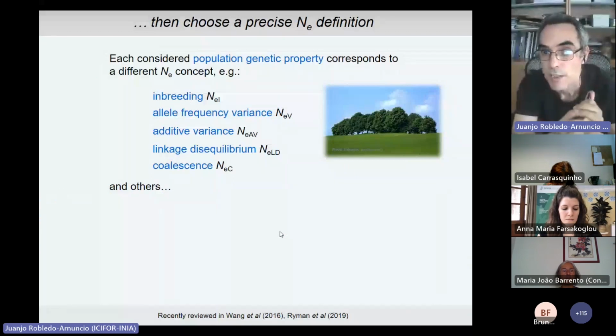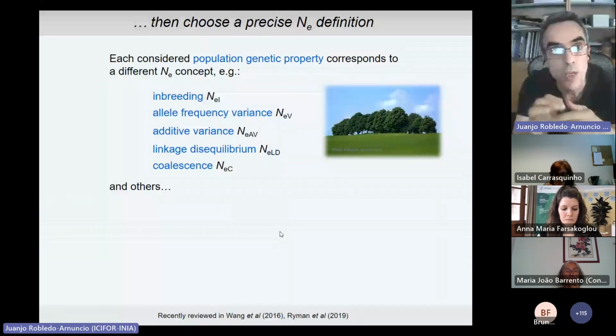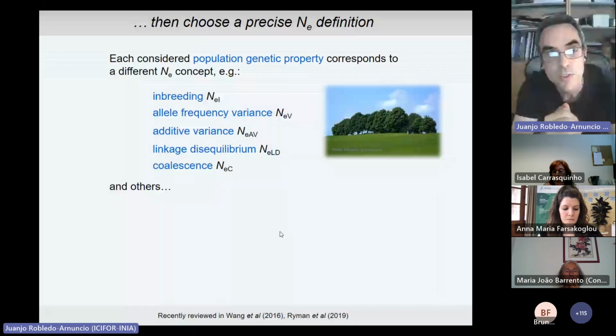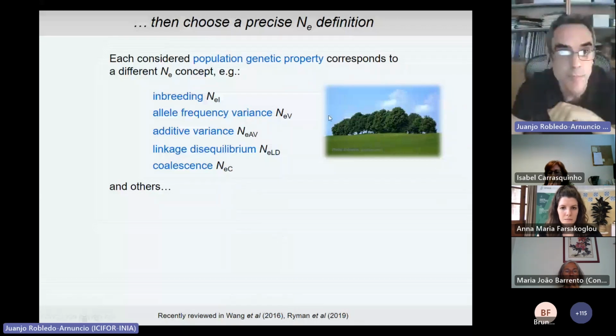So once we have a target population to estimate Ne, we have to think about a population genetic property that we would like to analyze. If we are talking about inbreeding, we will have the inbreeding effective size. If we are talking about allele frequency variance, we can define the variance effective size.